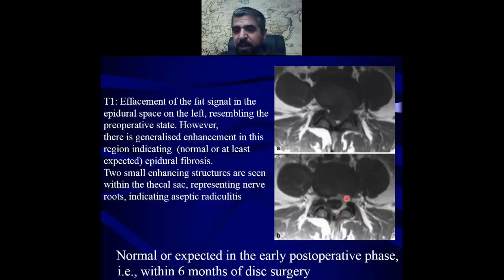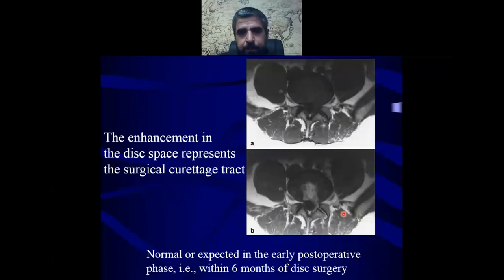This appearance is within the first 6 months of the surgery. In the first 6 months, this homogeneous post-contrast enhancement is due to scarring or fibrosis, and it is expected. That's why we need to do the MRI after more than 6 months. But the two dots here that are enhancing are inflamed nerve roots, and this is called aseptic radiculitis.